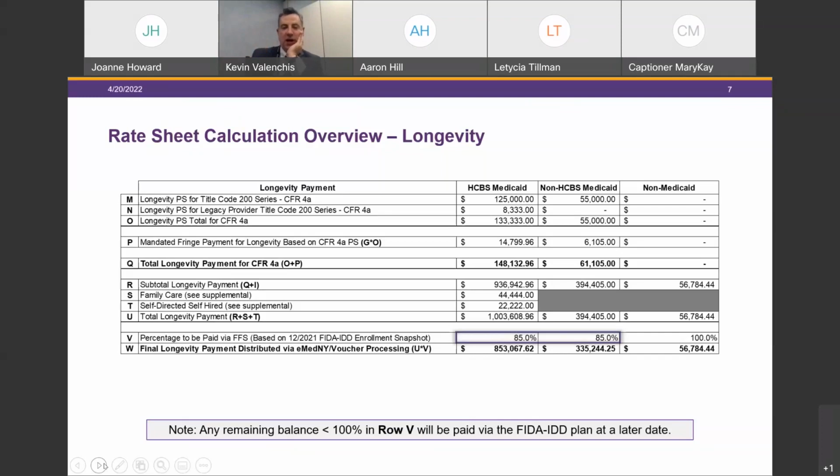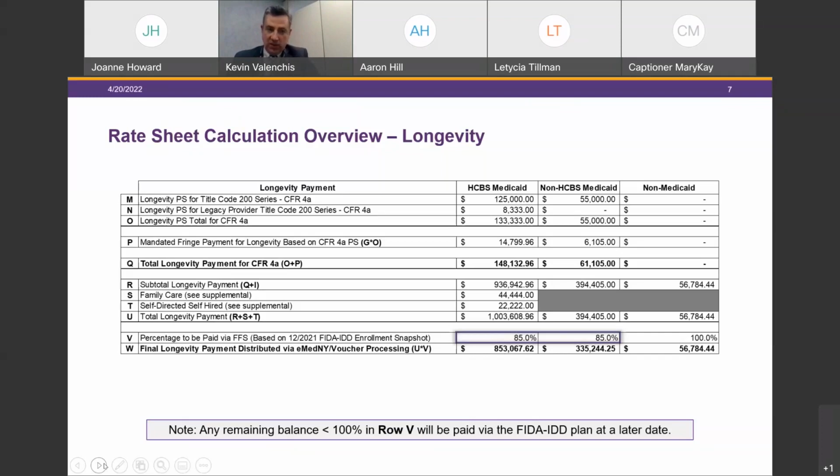You follow that same logic here. We would have a $125,000 value for the CFR 4A of the provider, and it's base year 18, 19, and 19 CFR. We brought in about $8,300 in similar treatment from the legacy provider.